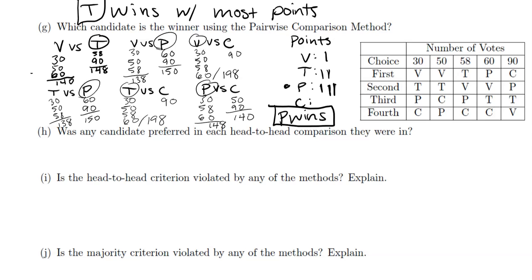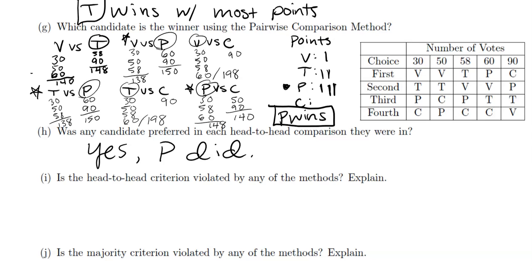What we can see is P won 3 points. They won versus V, they won versus T, and they won versus C. That was all of the head-to-heads that P was a part of. So yes, P did. Notice they were only in 3 head-to-heads and they won all 3 of them.